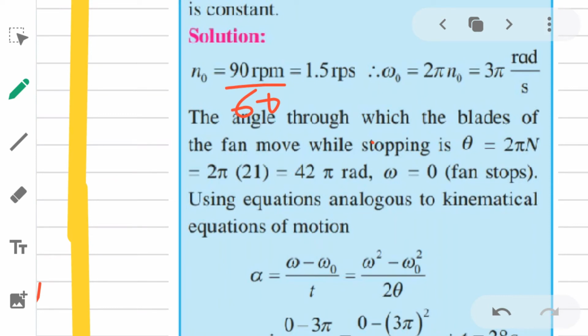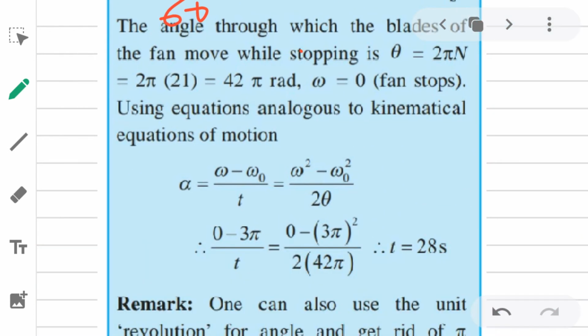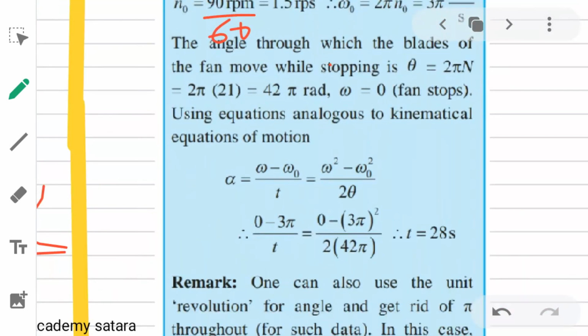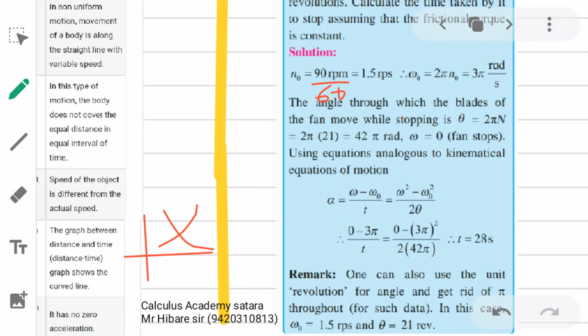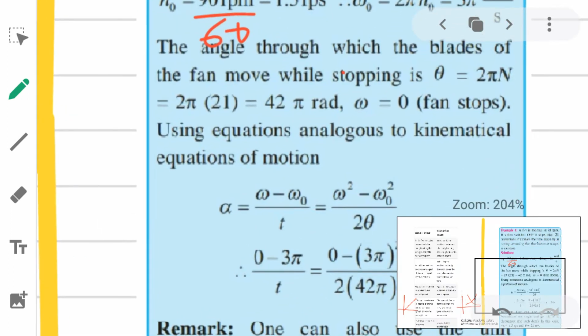Then omega, the fan stops, so omega is 0. Then the equation is the kinematic equation. Alpha, the acceleration, is the change in angular velocity with respect to time. Now we want time here, therefore alpha is equal to omega square minus omega 0 square upon 2 theta.